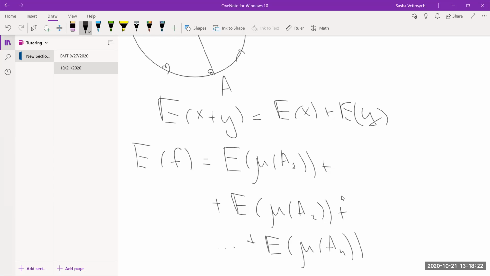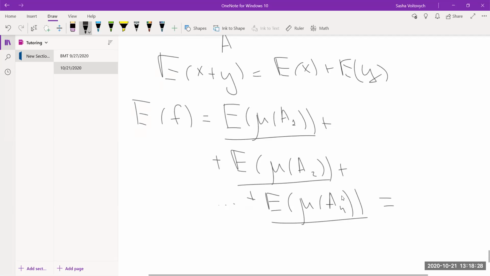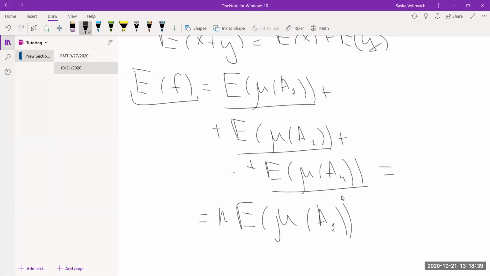Because A1, A2, through AN are symmetrical, all of these would be equal to the same value. So this is just going to be equal to n times the expectation of mu of A1. So now to get the expectation of f, we just need to compute this one and we're done.